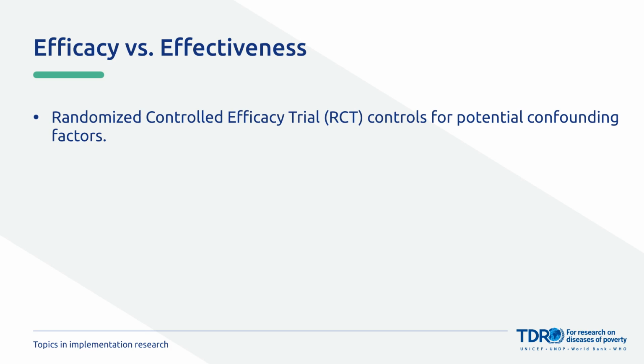Despite the value and conceptual simplicity of the traditional efficacy RCT, its limitations have been noted. For instance, randomization may not always be feasible, cost-effective, or ethical, particularly for interventions where withholding the program from the community raises concerns.